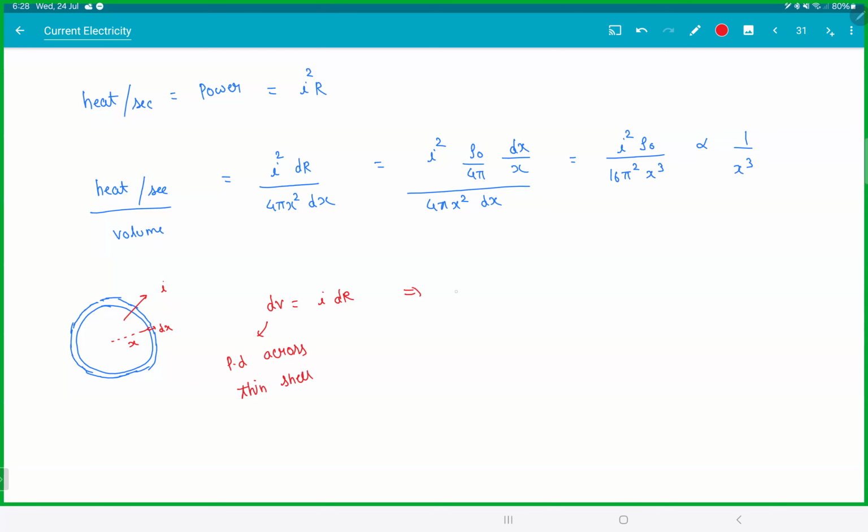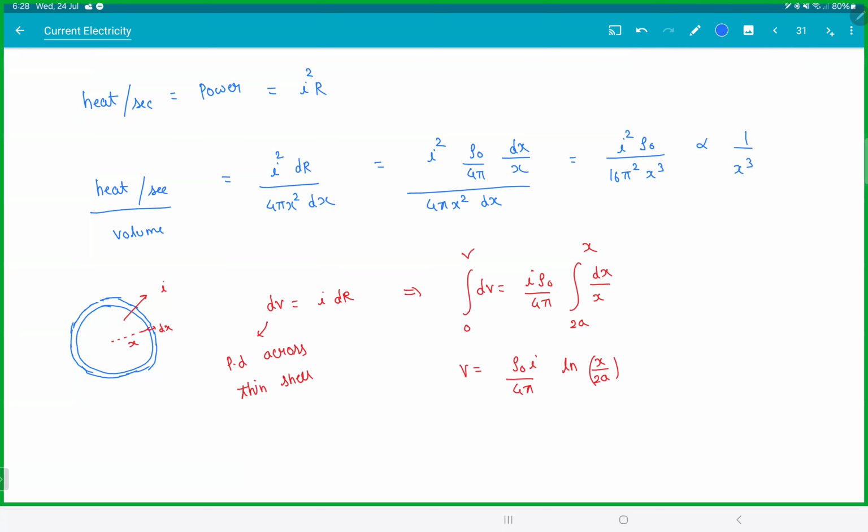Current is anyway constant, so I'll just keep it there, and this will be rho naught by 4 pi, dx by x, integral. Potential is 0 at 2a, and potential is V at x. So V is equal to rho naught I by 4 pi ln x by 2a. I value you can substitute. Clear? I think you can do something with that ln 2 and stuff, but okay.